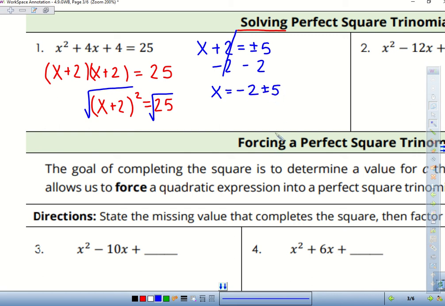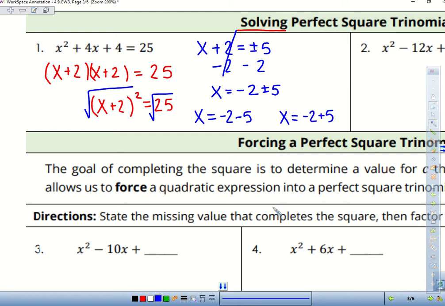When you move the number over to the other side, you always put it in front of the plus or minus. That means we have two solutions. We have x equals negative 2 minus 5, and x equals negative 2 plus 5.